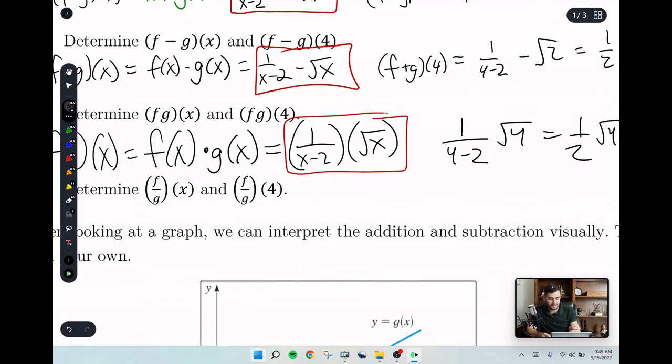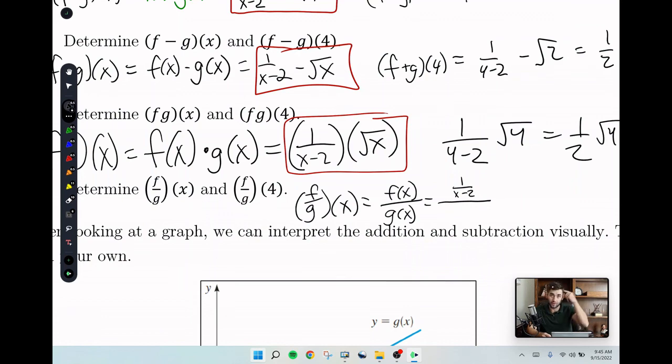Last but not least, f divided by g of x. I'll write it out. That's f over g of x, the same thing as f of x over g of x, right? So now we've got 1 over x minus 2, all over, and it's important to make that line bigger than the first division so you know what's happening, all over the square root of x.